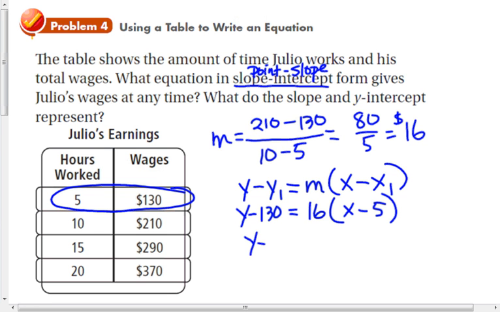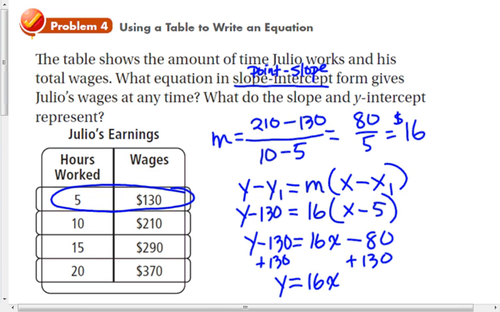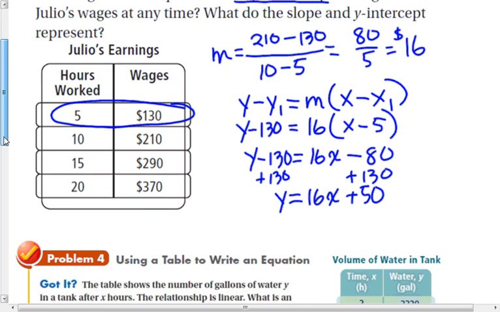The way you would do that is to just use the distributive property here. And then just add 130 to both sides. And you get y equals 16x plus 50. All right, you try that.